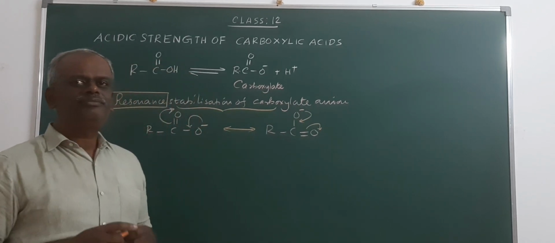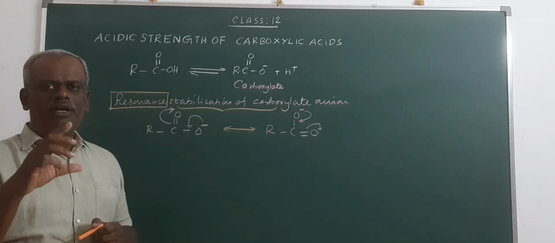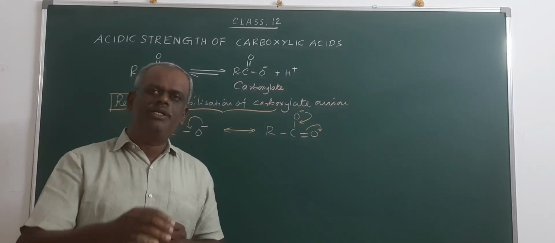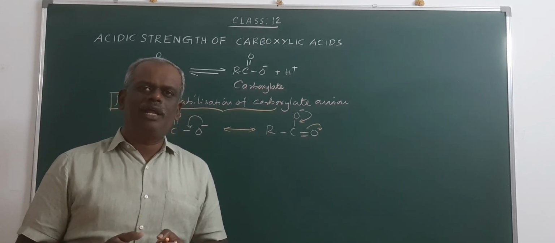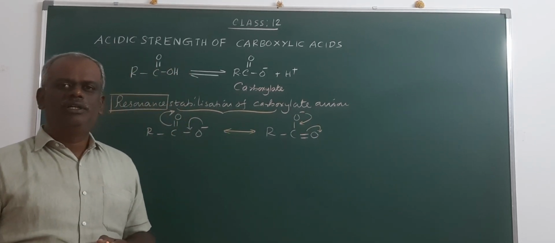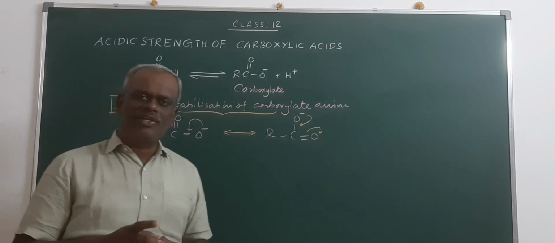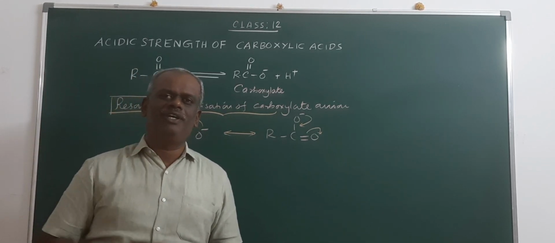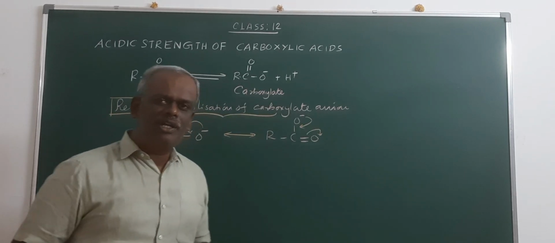Is it clear? For any acid, when the Ka value is greater, we can surely say the acid is a stronger acid. So Ka, the dissociation constant, is a parameter that decides whether the acid is stronger or weaker. How do we calculate Ka?